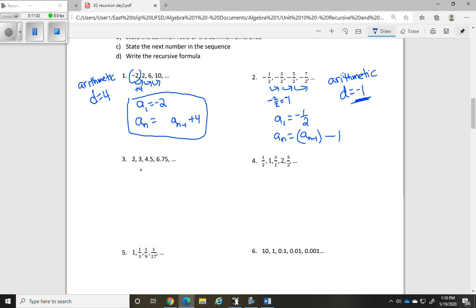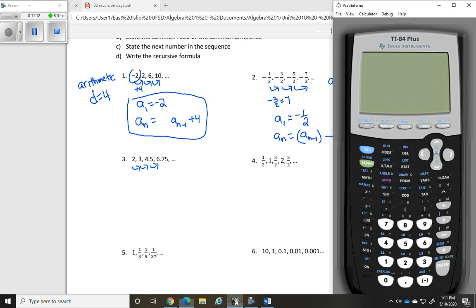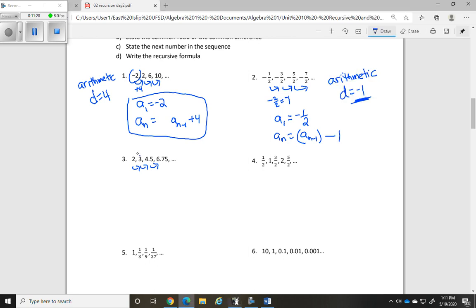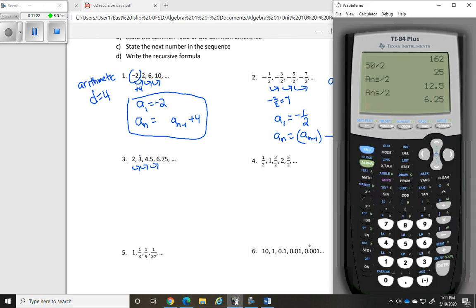On number 3, what's happening? We're definitely not adding on the same number. We're multiplying by something. And if you can't figure out what you're multiplying by, we did this in the past, but I'm just going to remind you, you could go in reverse and divide. If I do 3 divided by 2, it's going to tell me my common ratio. 3 divided by 2, you should all know, is 1.5.